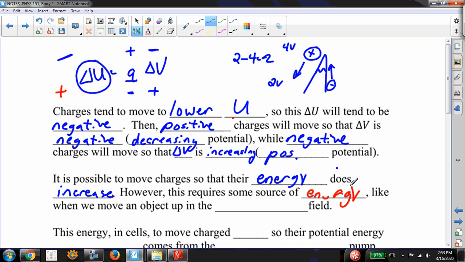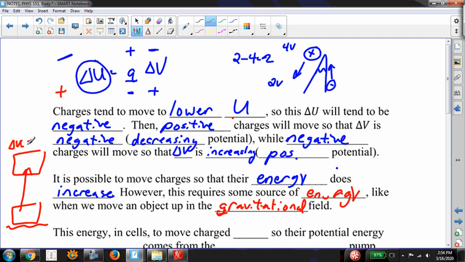Like when we move an object up in the gravitational field. So if I have a block here that's sitting on the surface of the Earth, and I come and pick it up and move it up, what I've done is I've increased its potential energy.